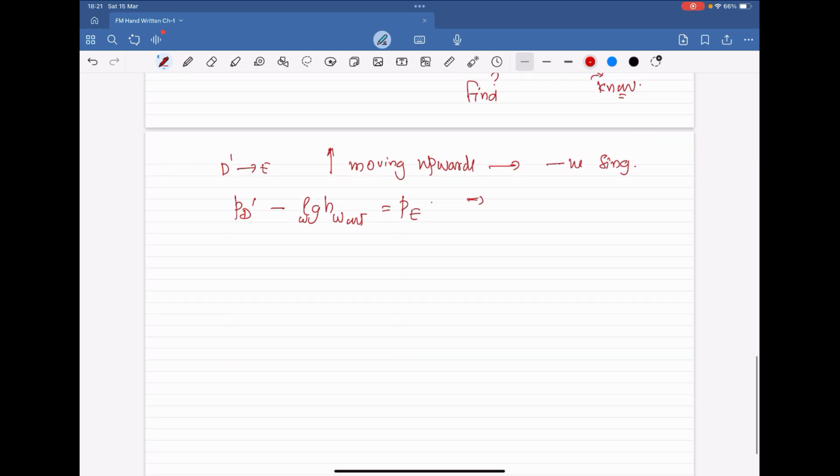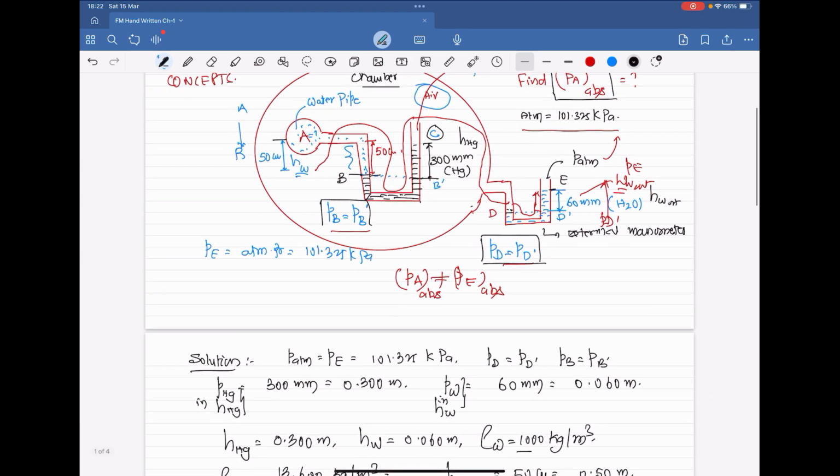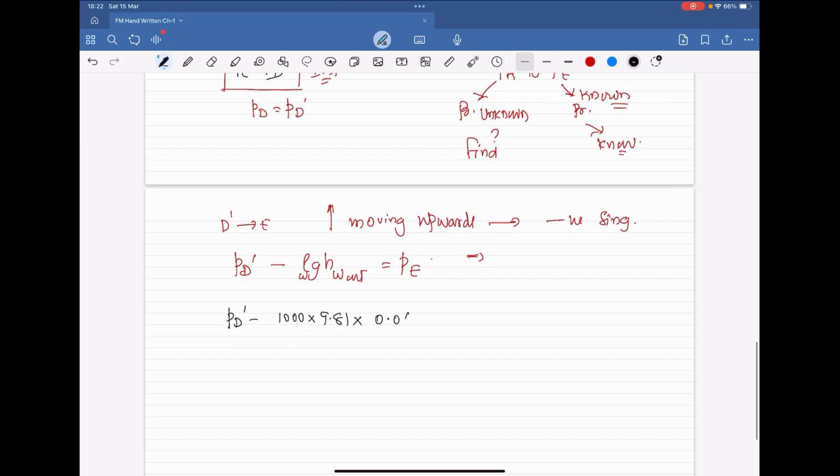Which implies PD dash minus 1000 into 9.81 into, what is the height of water outside? It is 60 mm. 60 mm is 0.060 meter. That is equal to PE.